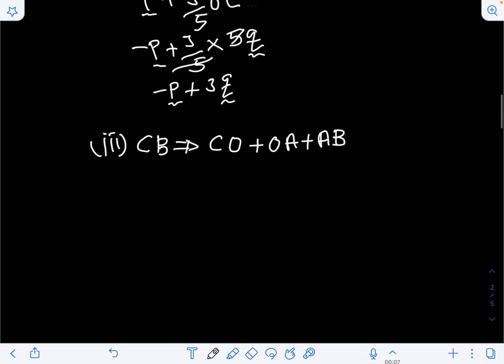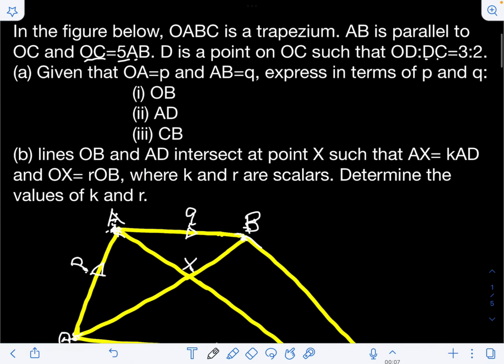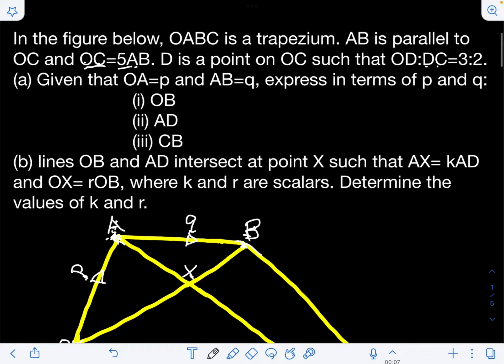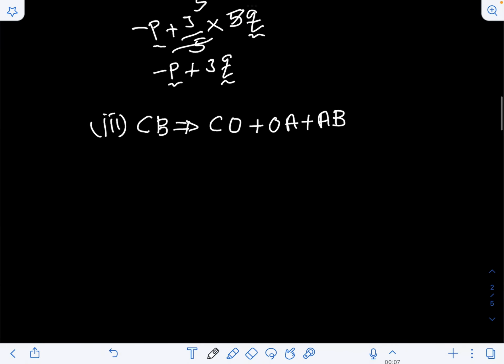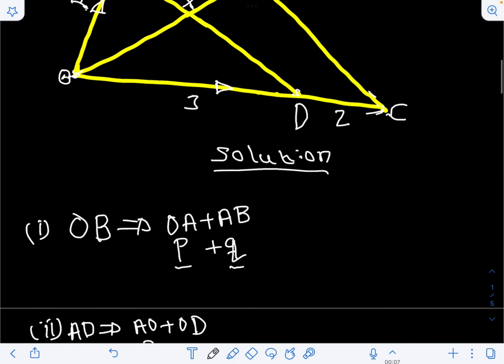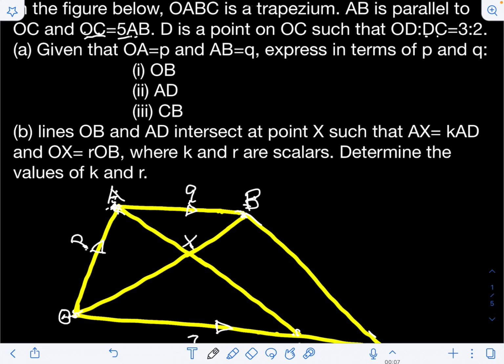Very good. So what's our CO? We know that OC is 5 times AB, and AB is vector Q. So how can we get CO?